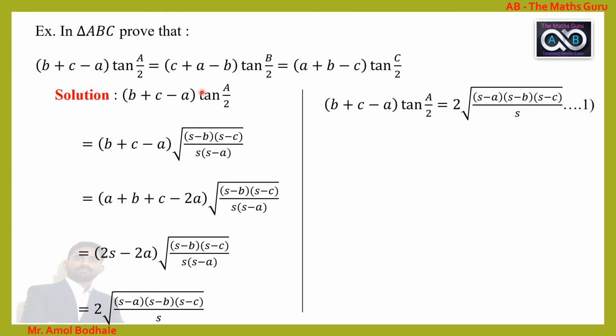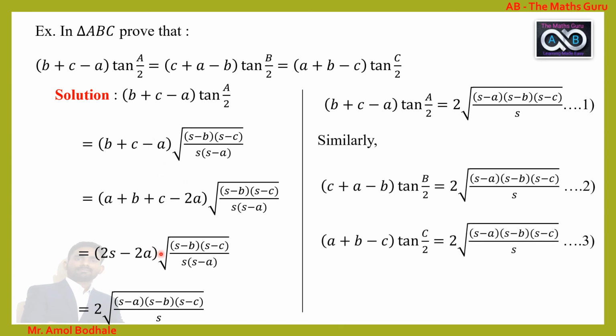Similarly, if we consider the second term and third term, by simplifying them we'll get that (c + a − b) tan(B/2) is also 2 times the square root of (s − a)(s − b)(s − c) upon s, as well as (a + b − c) tan(C/2), which is also 2 times the square root of (s − a)(s − b)(s − c) upon s.